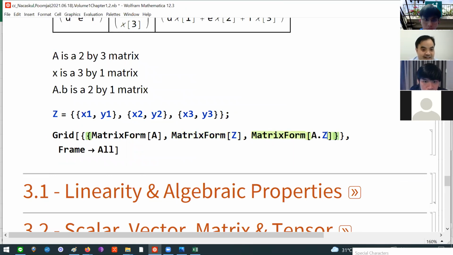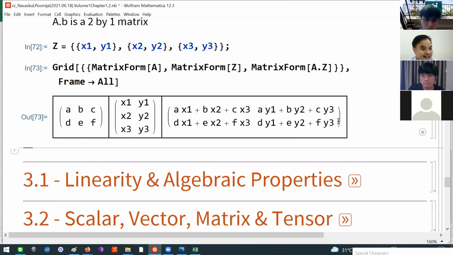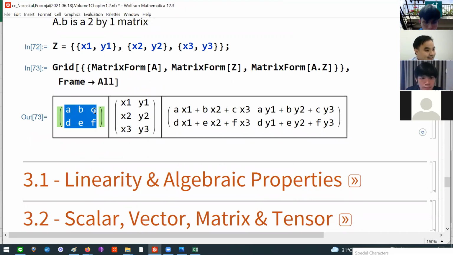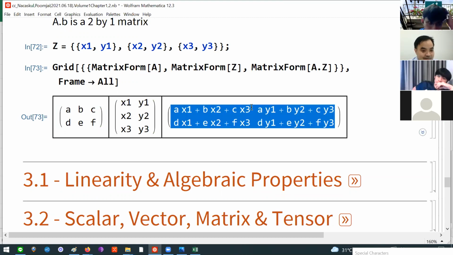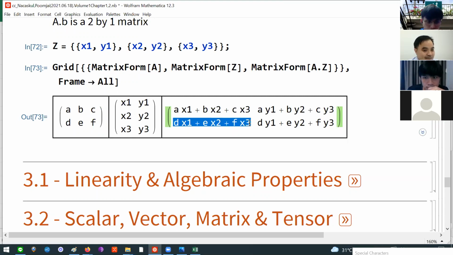Do you see that? Just as you see that A is a stack of row vectors, this is also a right-hand standing stack of column vectors. So you can say A times x1 plus B times x2 plus C times x3 and put it here in the top left. You go down here, you do the dot product, you put it in the bottom left.